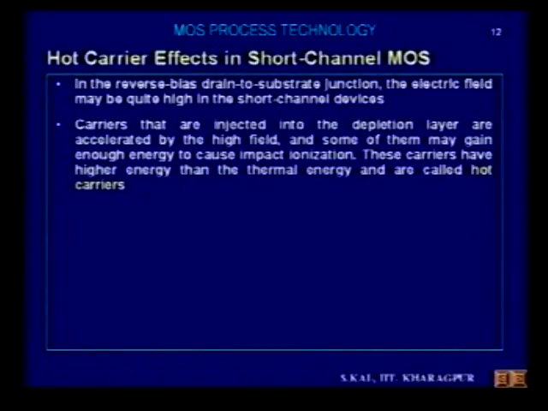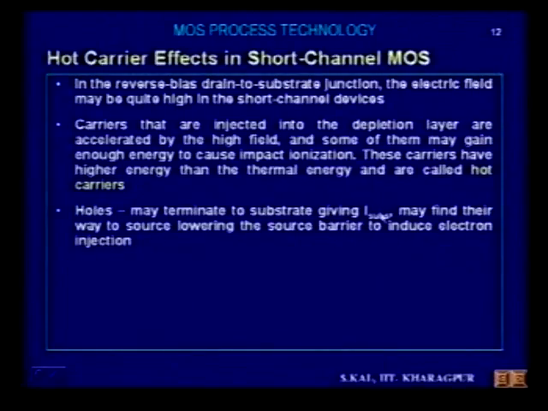These carriers have higher energy than the thermal energy, and they are called hot carriers. What is thermal energy? kT, where k is the Boltzmann constant and T is the temperature. The energy acquired by the carriers in that high field is more than kT. That's why it is known as a hot electron.